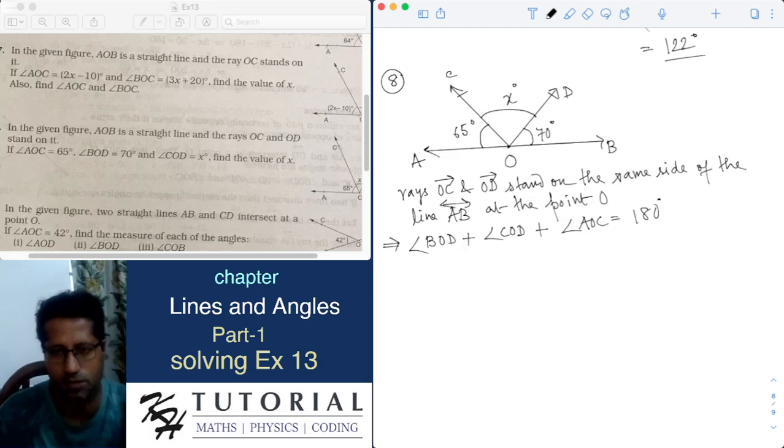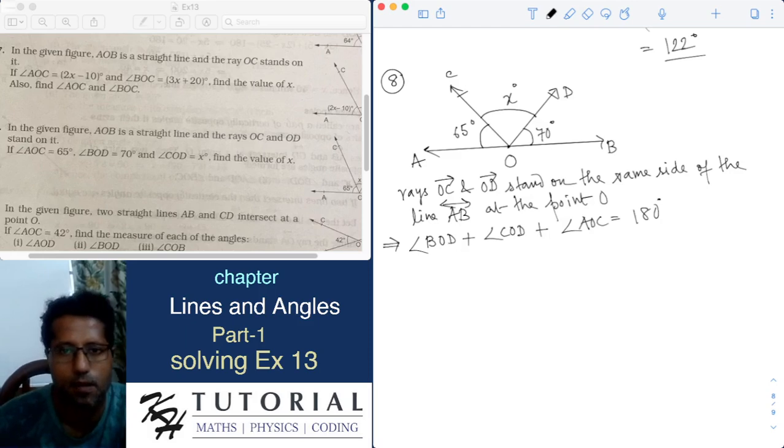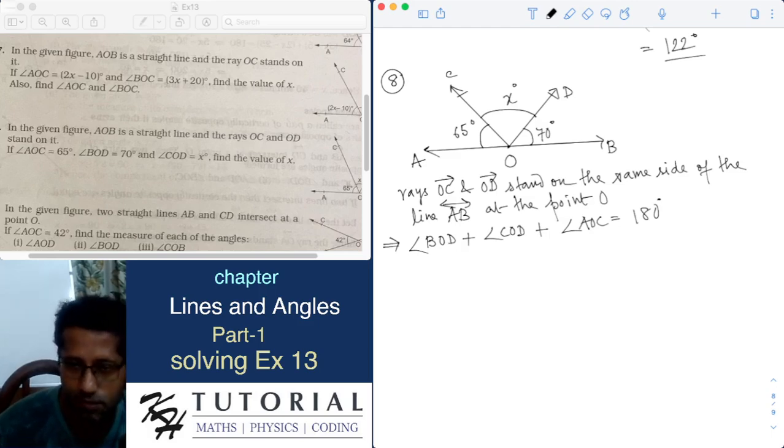Why? We know that the sum of all angles on the same side of a line at a certain point is equal to 180 degree. The angles BOD, COD and AOC are formed on the same side of the line AB, that is, in the upper side of the line AB at the same point O. So the sum must be equal to 180 degree.